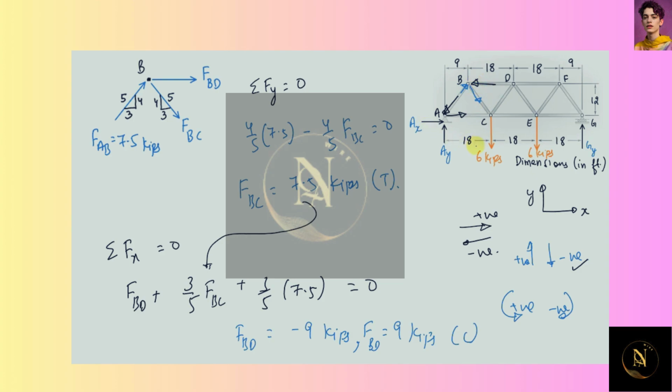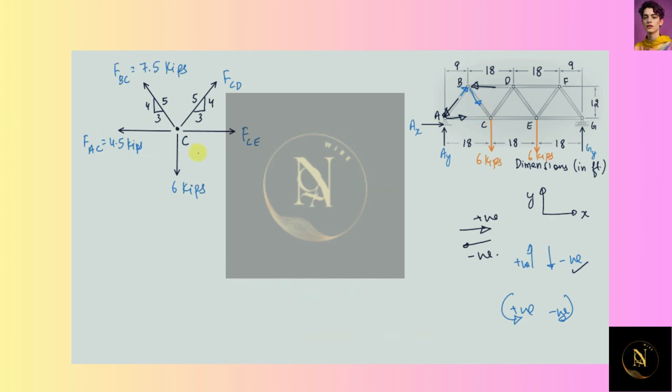Now next I will be considering the force on the joint C. For that I will be making the free body diagram of the joint C. So this is the free body diagram of the joint C. Now here also we'll be using the equilibrium condition. The first one is sigma Fy equals to 0.